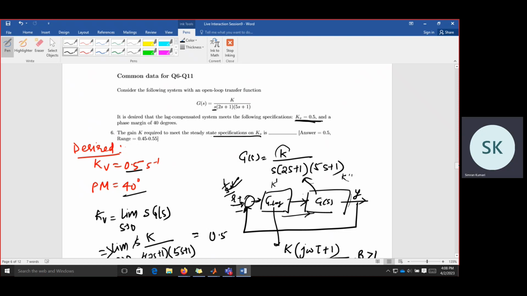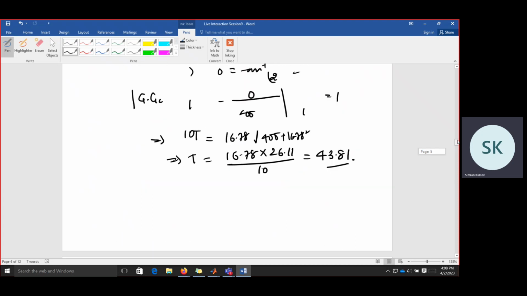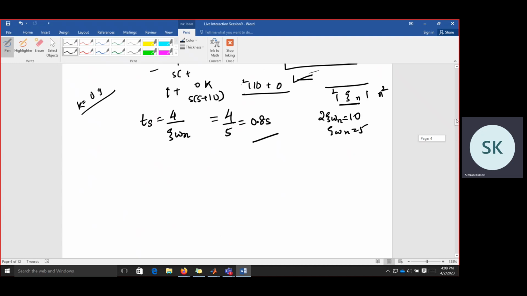We are utilizing this open loop transfer function Bode plot in order to see the response, and we are modifying this in different regions. There is a low frequency region, medium frequency region, and high frequency region.